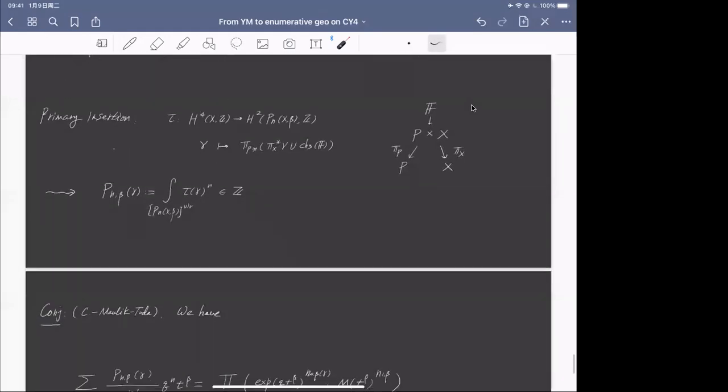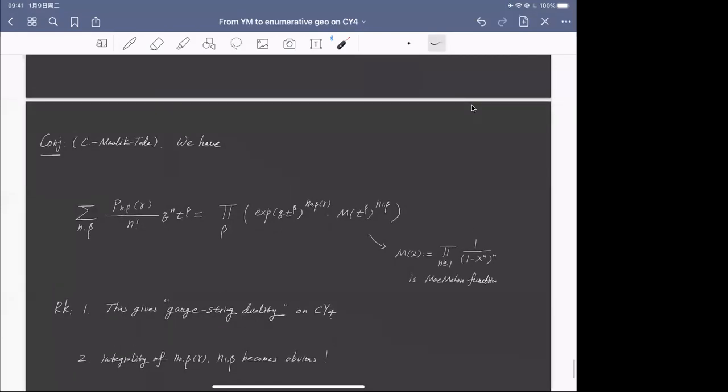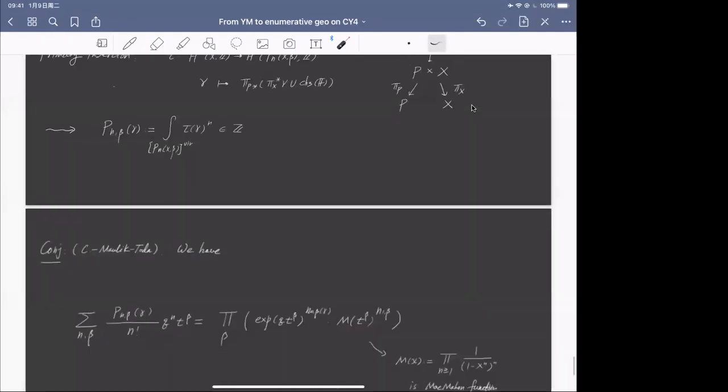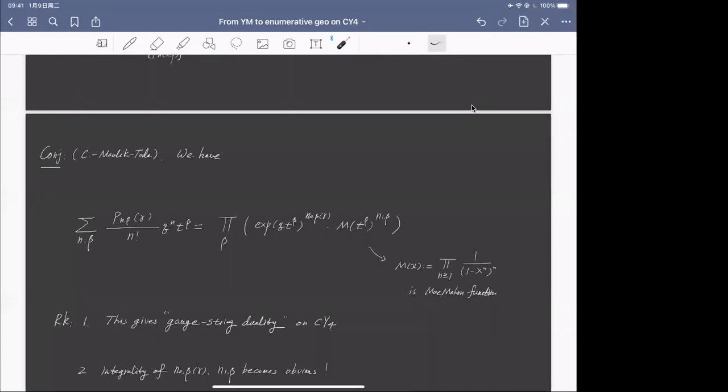Okay, so now I want to state the conjecture here. The conjecture says that on the left-hand side we form a generating series of these stable pair invariants. This q and t are formal variables, just to label the discrete data n and beta here. We form the generating series for convenience. The n factorial here is just a normalizing factor, not so important. So the left-hand side is a summation formula, and the right-hand side is a product formula.